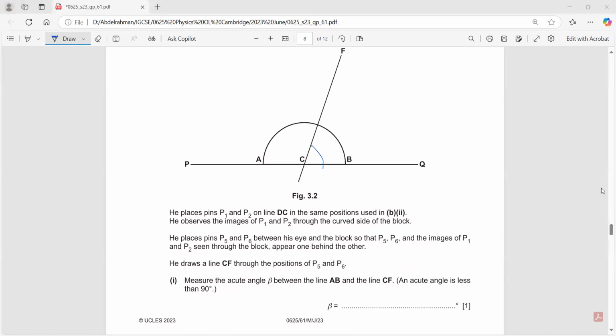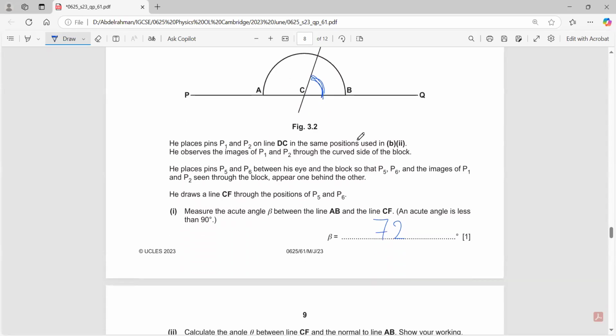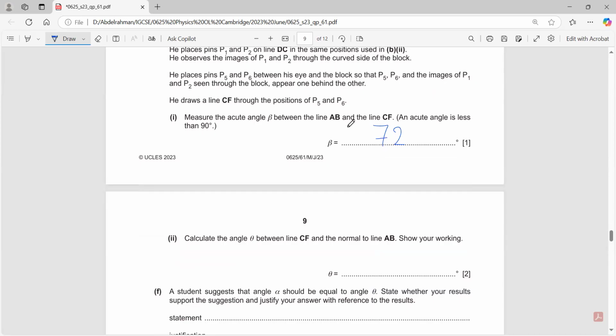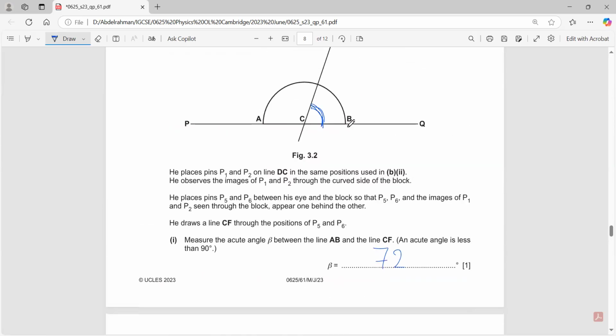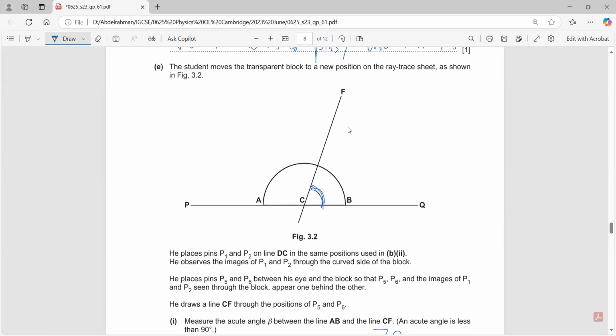If you use your protractor, the angle would be around 71 or 72. Angle beta should be around 72 degrees. Calculate the angle theta between CF and the normal to AB. This is the normal.